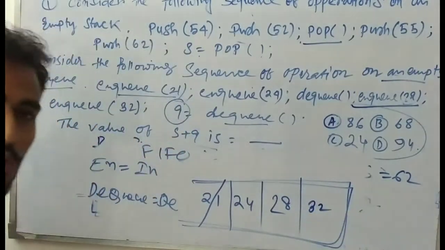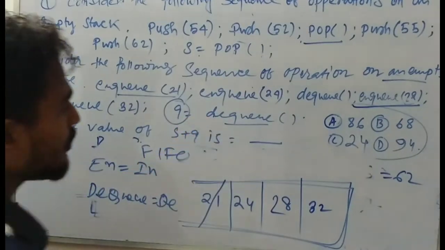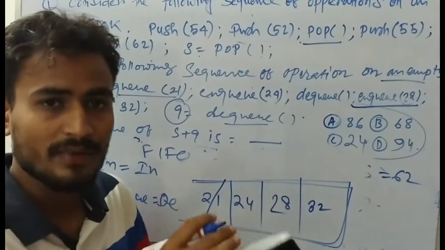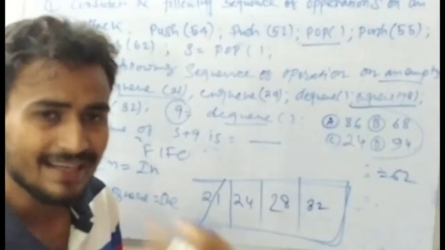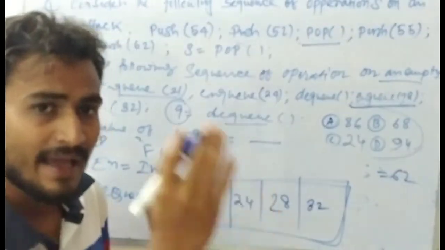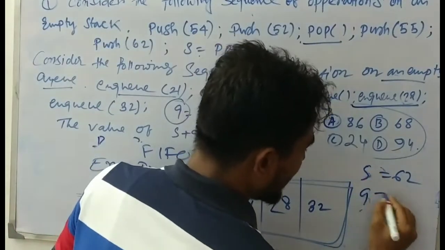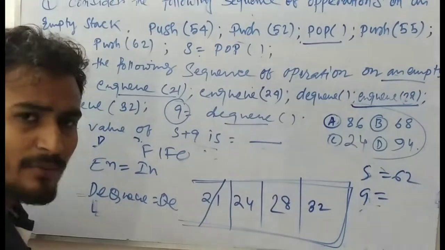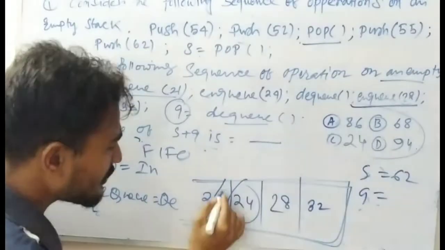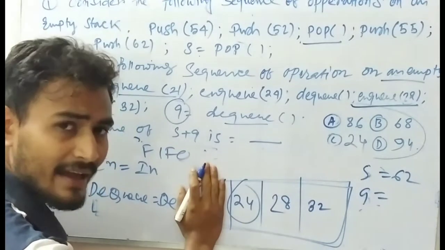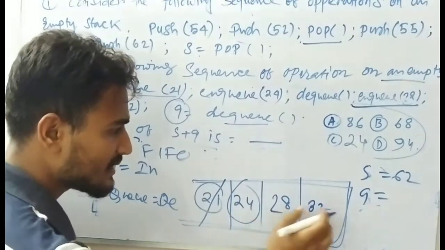Then Q equals DQ. Which element is removed from the queue? That element is assigned to the variable Q. Which element is removed? 24, because 21 is already removed. So don't worry about 21; we are working with 24, 28, 32.